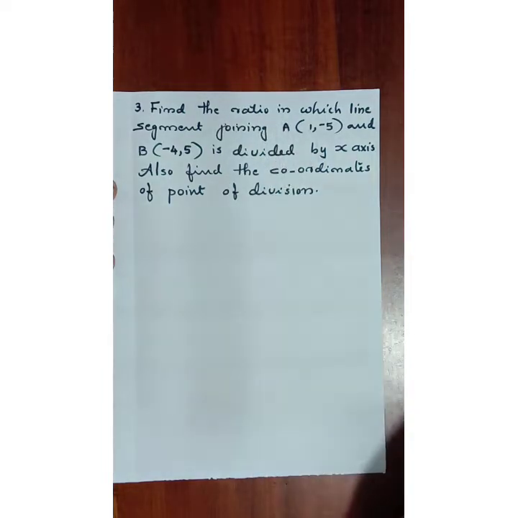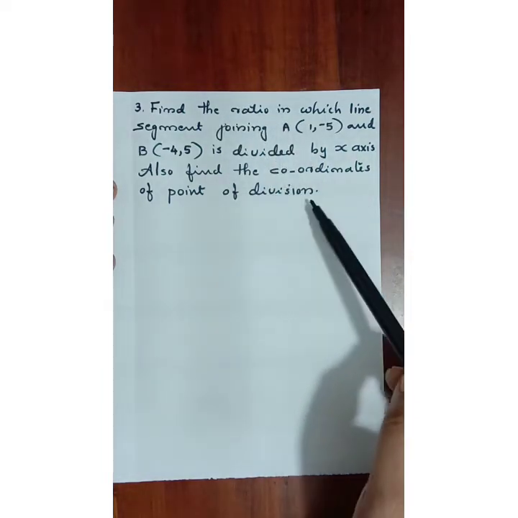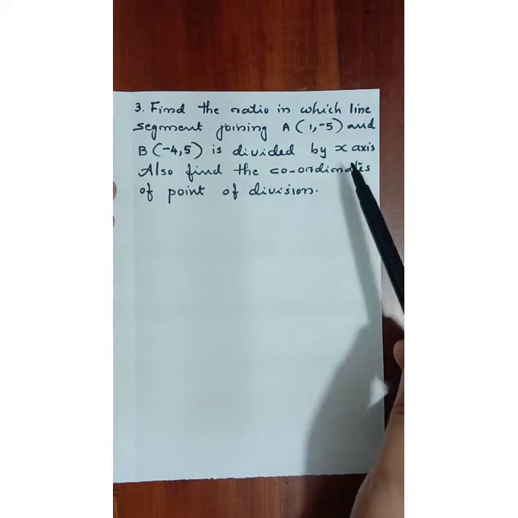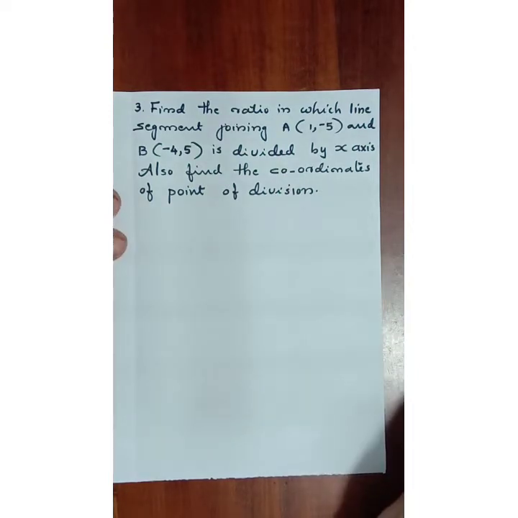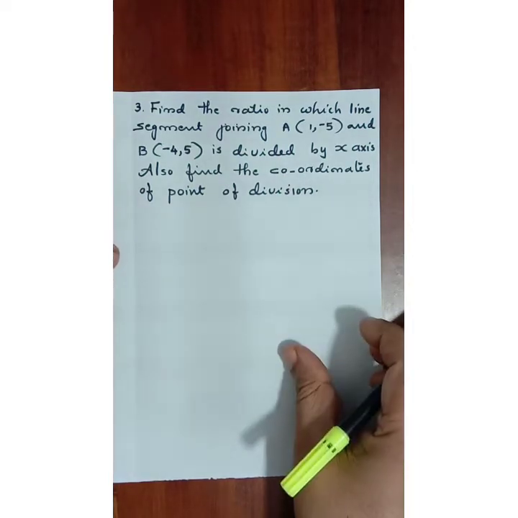So two things we have to find out. First let us find the ratio and also the point of division x0. That x value also we have to find. So how do we start writing?